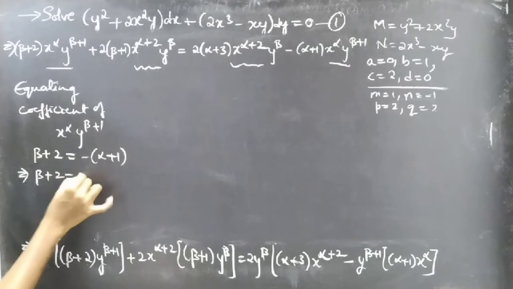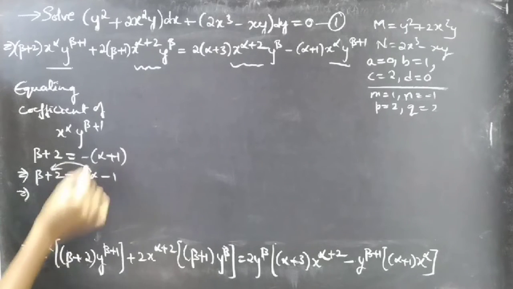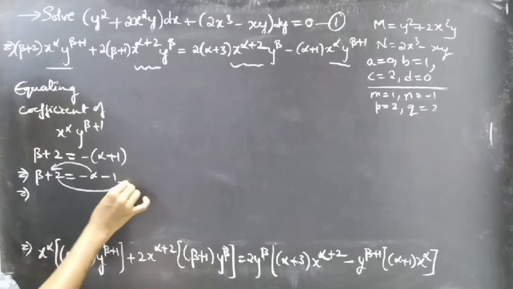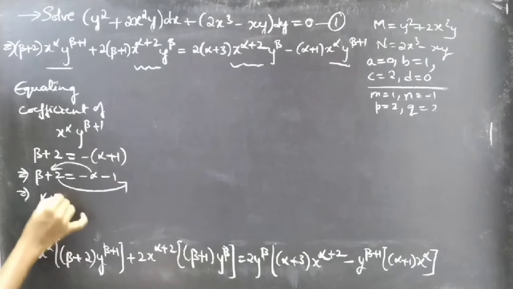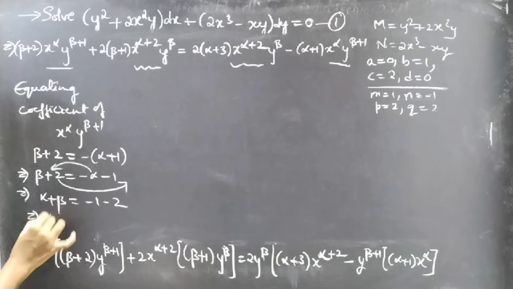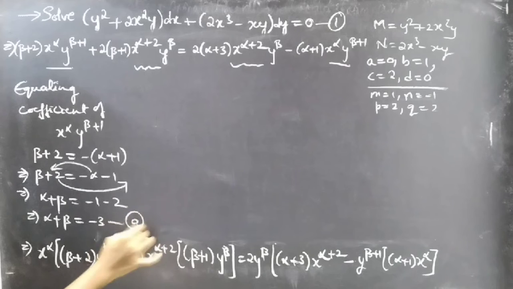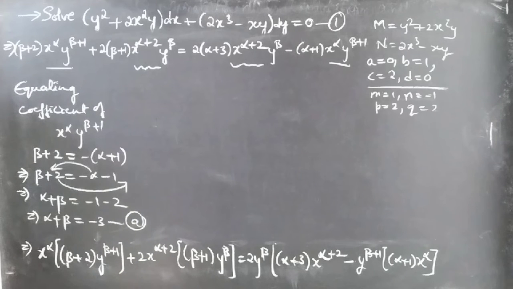We'll get beta plus 2 equals to minus alpha minus 1. Now bring this minus alpha to LHS and take this 2 to RHS. We'll get alpha plus beta equal to minus 1 minus 2, which gives us alpha plus beta equal to minus 3. Consider it as equation number A.